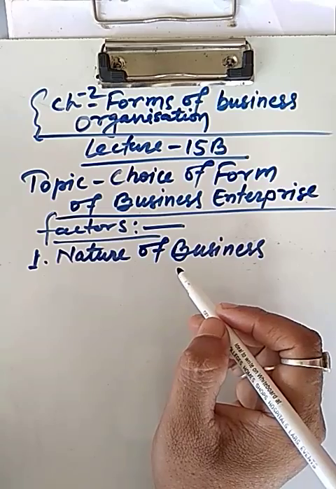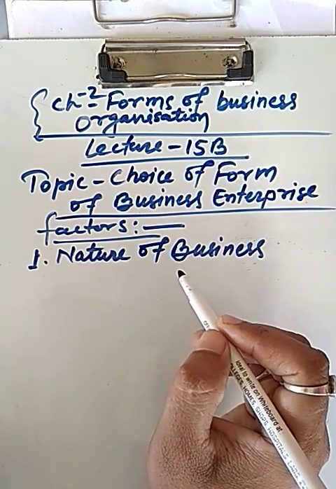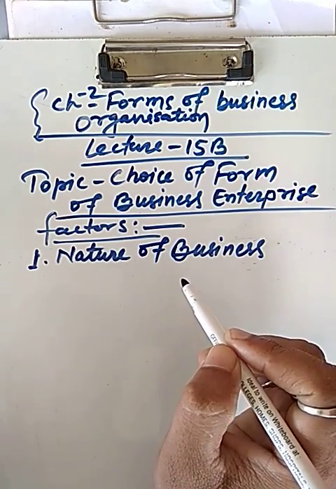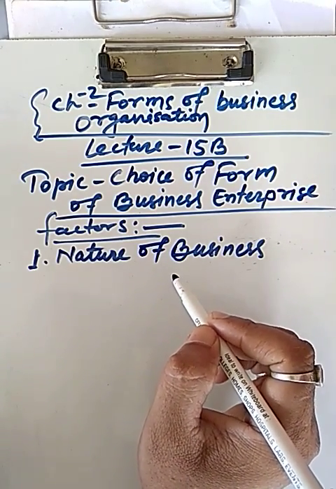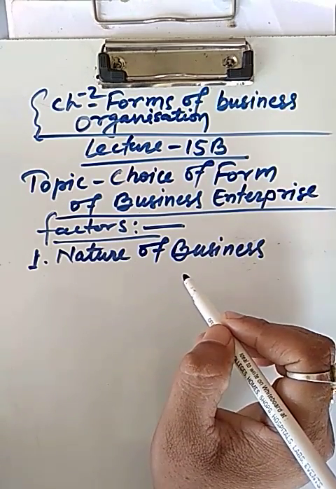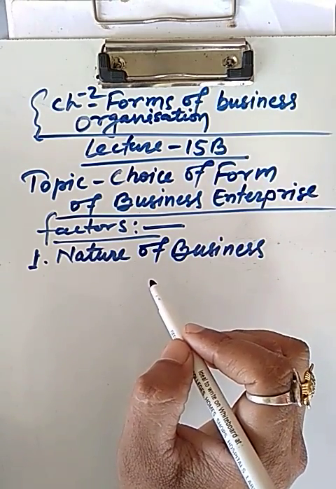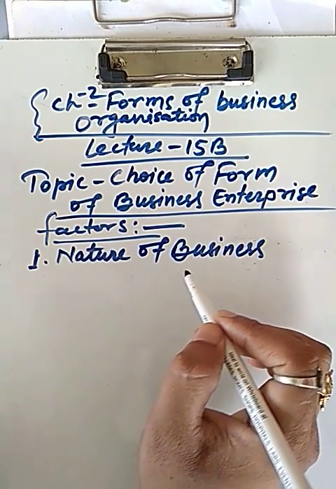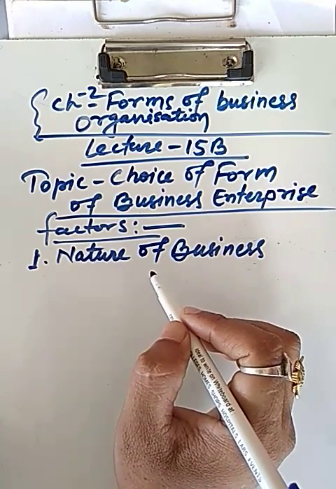The type of business activity is the most important factor for selecting the form of business. If the business requires personal attention and direct contact, sole proprietorship and partnership is preferred.